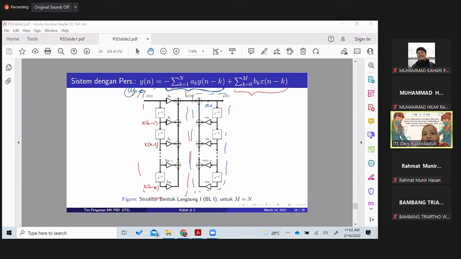So remember to do this before you make the diagram, because this A0 must already be normalized to this value.